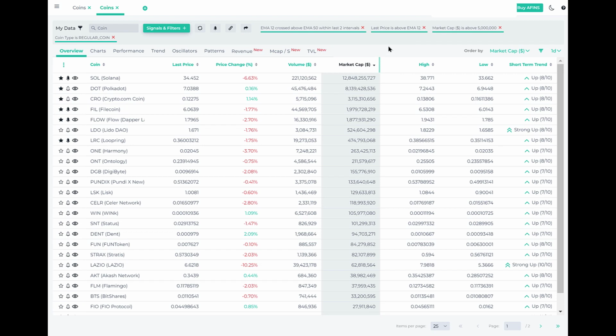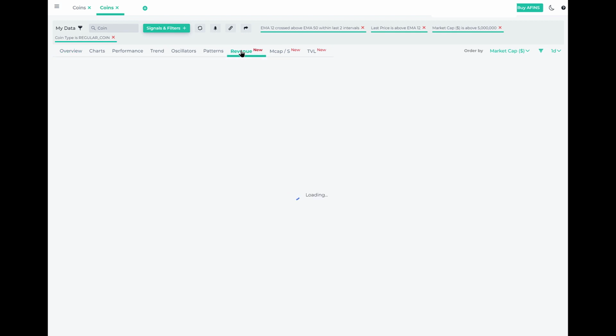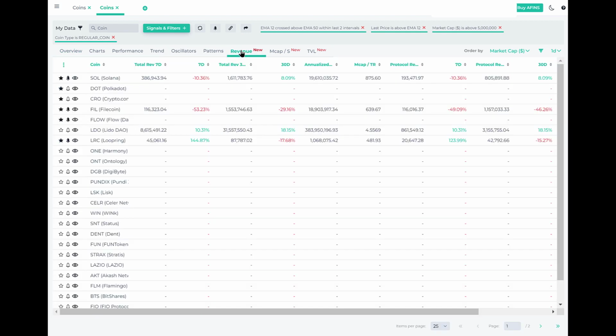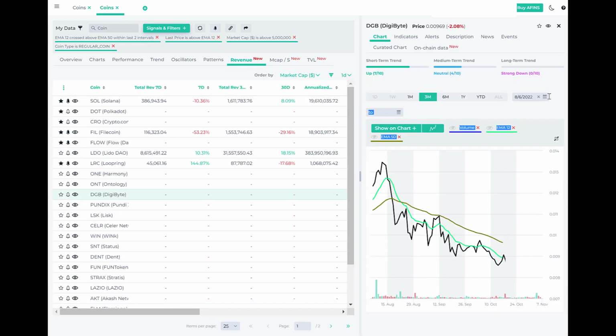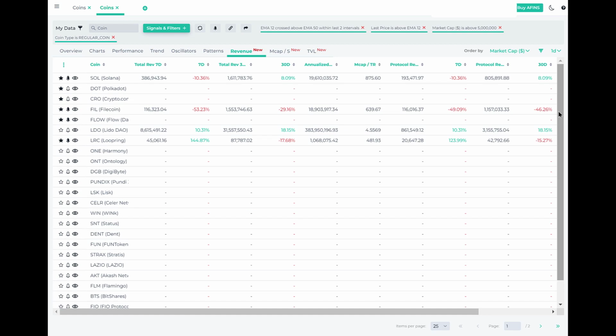Obviously you could do more work about perhaps what these projects are about. Fundamentally, we have added some additional on-chain analytics like revenues. You could look at the revenue trends perhaps for projects that have revenues, and that could be another filter for you. Projects that don't have revenues perhaps should be taken off the list.